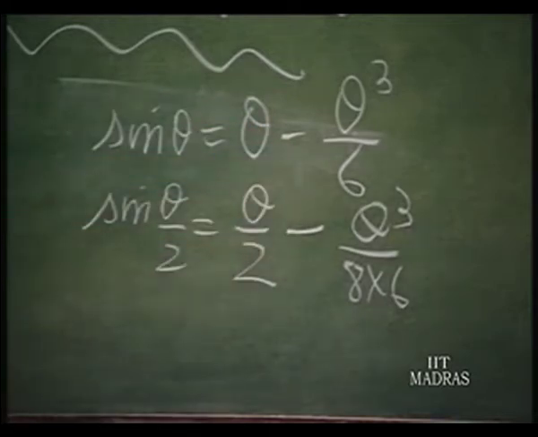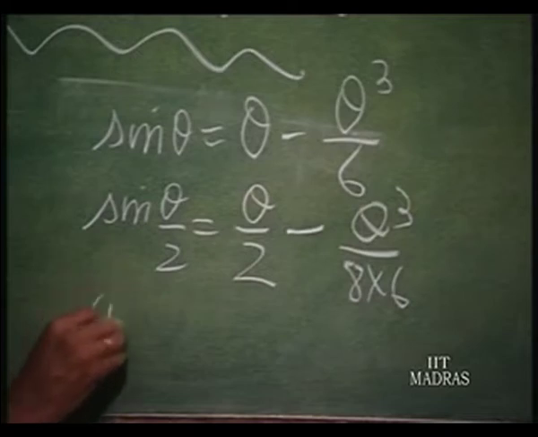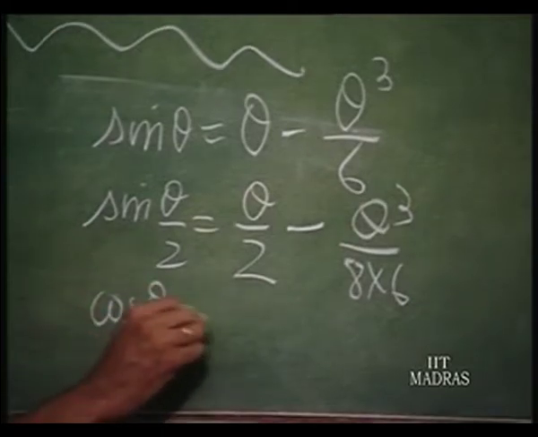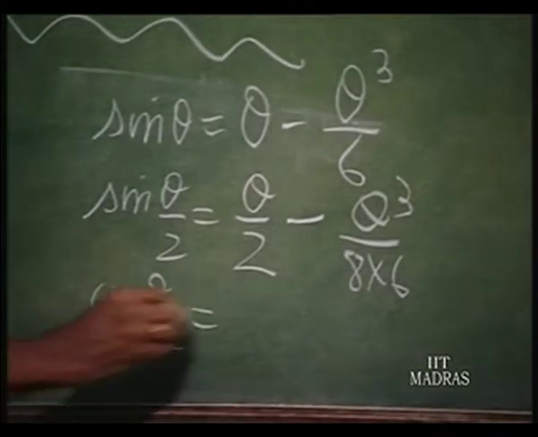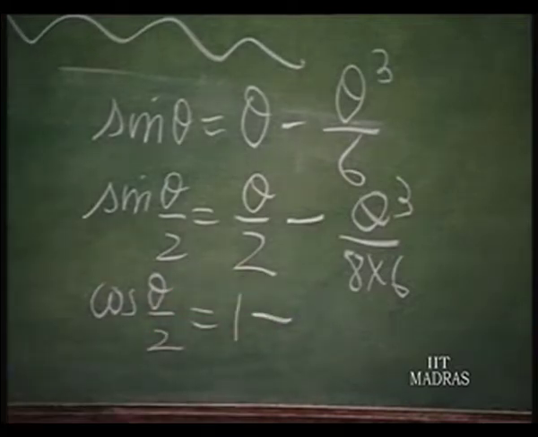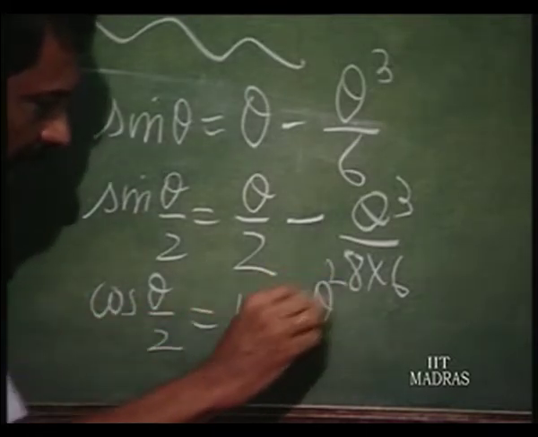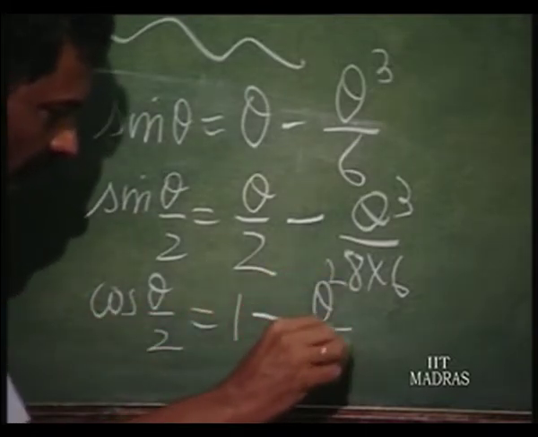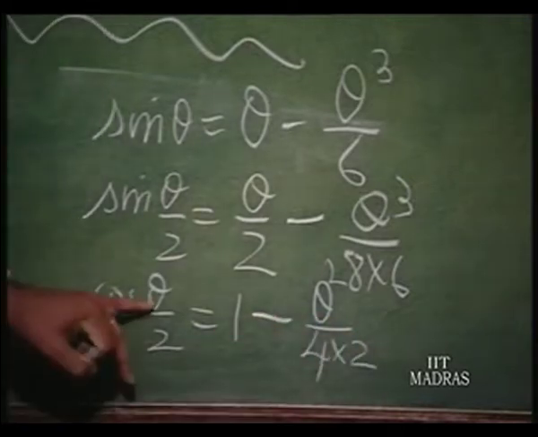And cos theta by 2 is equal to 1 minus the angle squared divided by 2 factorial. So, theta squared by 4 into 2.